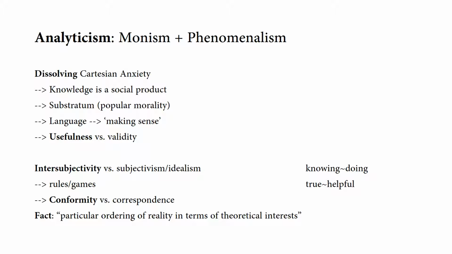What monists do with this dualist challenge is dissolve it by pointing out that this problem itself only arises from its own starting points and is not a necessity. And we'll see how they get there.